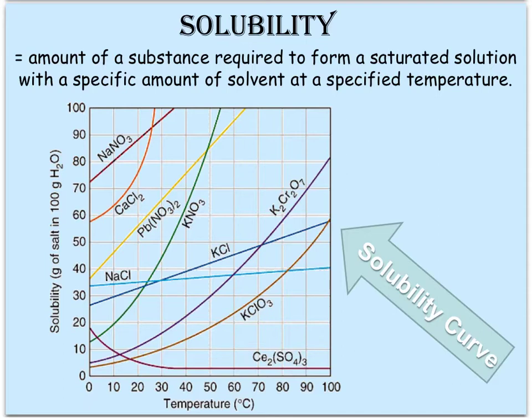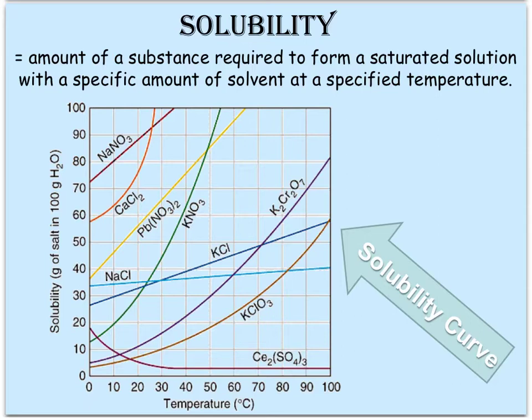In order to use this graph effectively, you have to recognize that the actual line is the point of saturation at each temperature. Find potassium chromate. It's a purple line in the middle. Find 50 degrees Celsius. Notice that potassium chromate at 50 degrees Celsius corresponds with the intersection on the left of 30 on solubility.